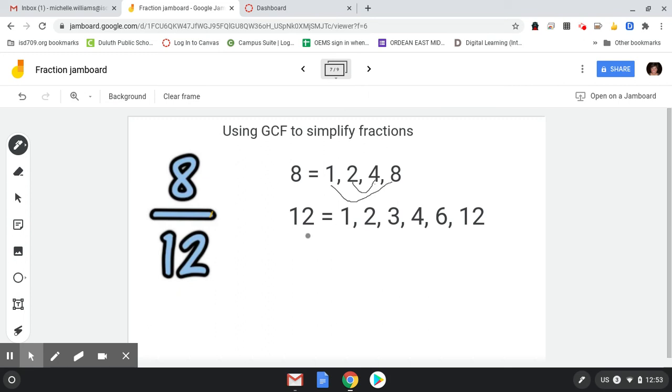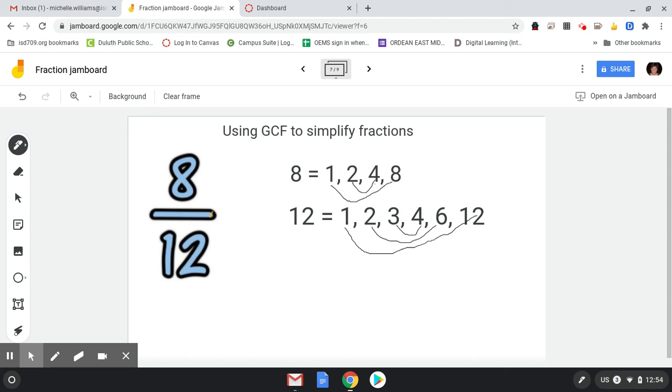And then finding the factors for 12, 1 and 12, 2 and 6, 3 and 4. So the factors of 12 are 1, 2, 3, 4, 6, and 12.